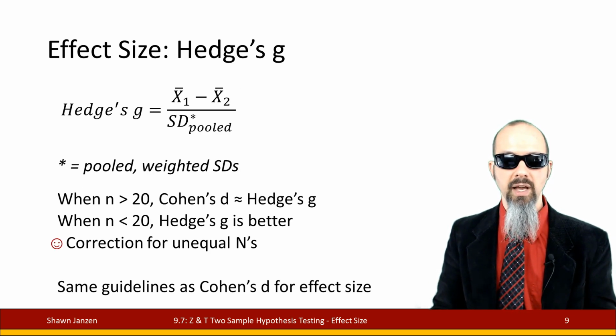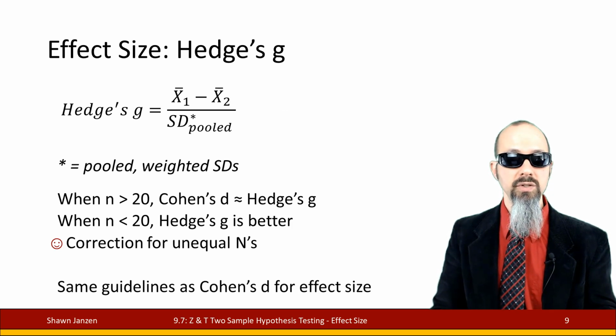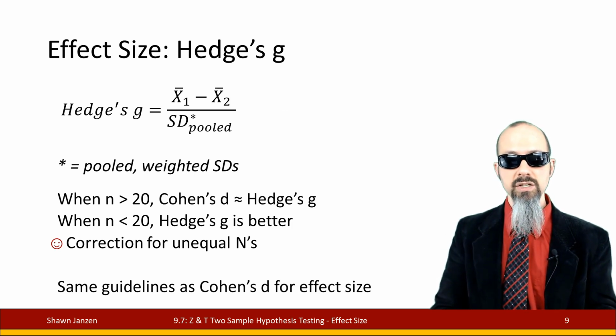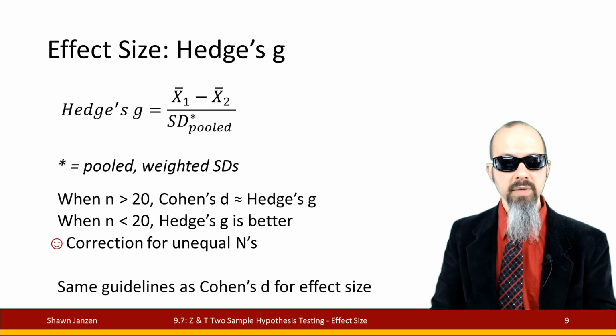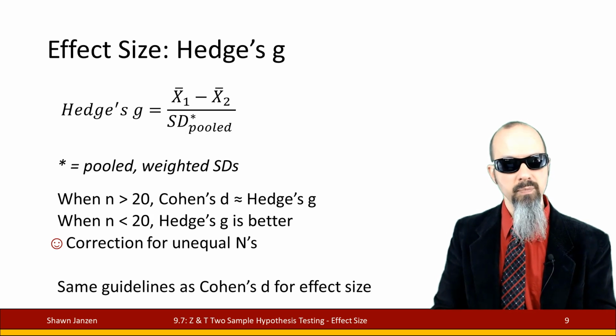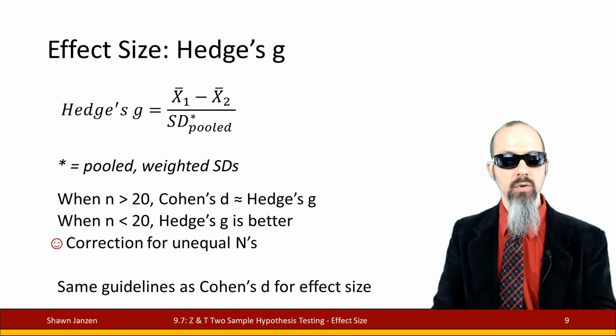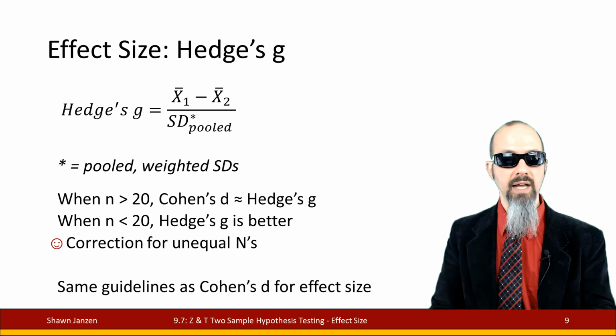So, moving ahead a little bit, we also introduce Hedge's G. Hedge's G is just like Cohen's D, except it does a little bit of a tweak in the denominator when it's pooling data for small numbers. It's weighting the pool based on its standard deviations on small sample sizes.